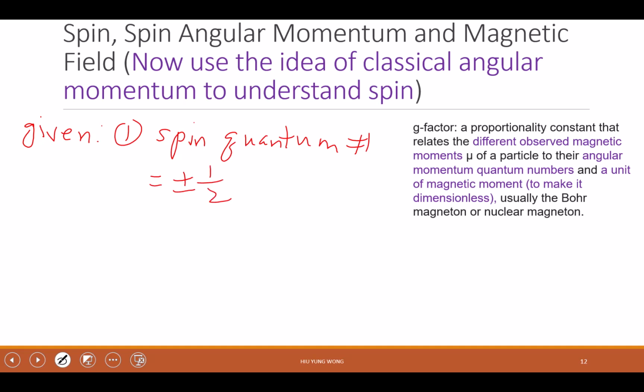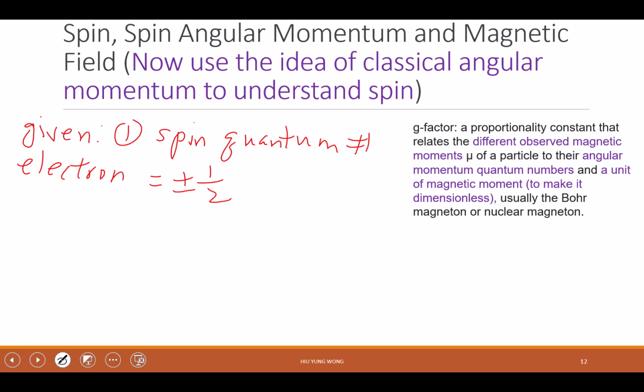Here, when I say this, I'm talking about the electron, a spin-half particle. Let's just talk about the electron. Some other particles have integral spin or a different spin number. So here I'm only talking about the electron. It has spin plus or minus 1/2. That's the characteristic.